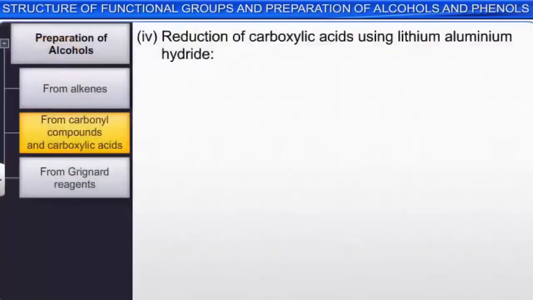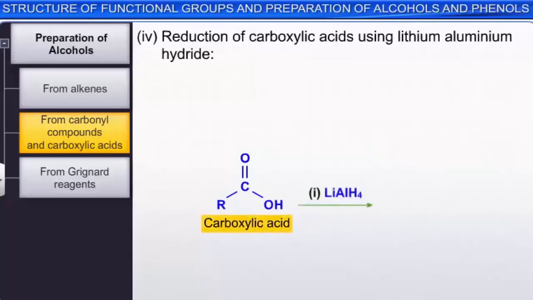The fourth route for alcohol preparation involves the reduction of carboxylic acids using lithium aluminium hydride. Carboxylic acids are very difficult to reduce, so this process requires a very strong reducing agent, lithium aluminium hydride. The overall reaction given here shows that carboxylic acids can be reduced to primary alcohols.